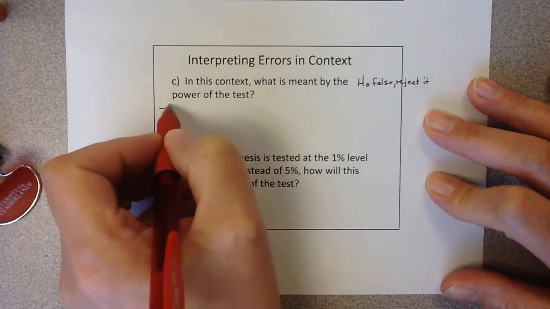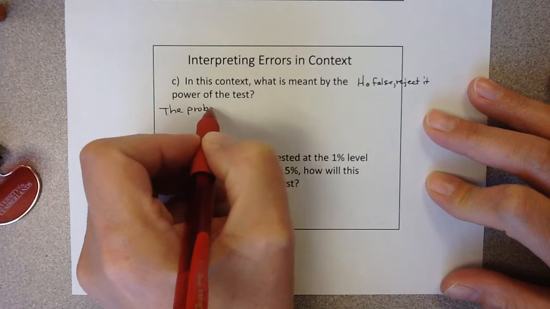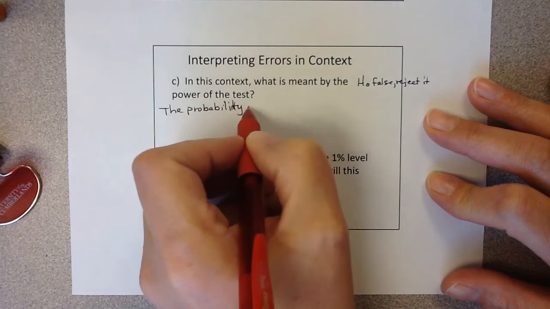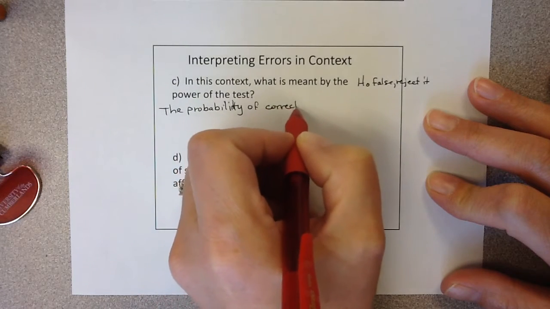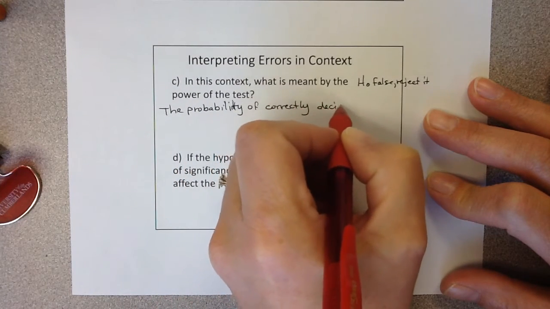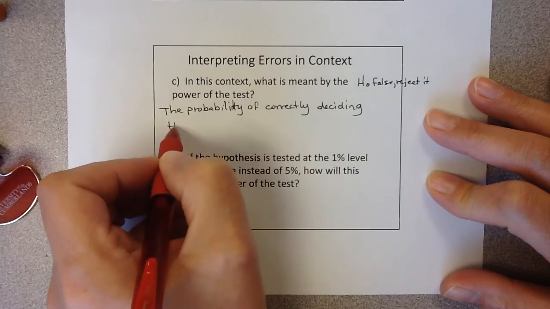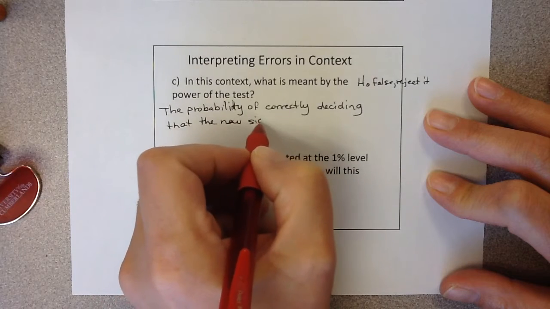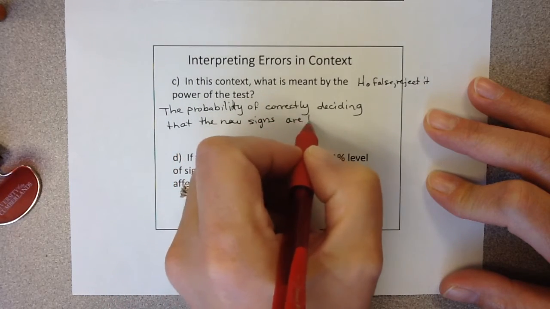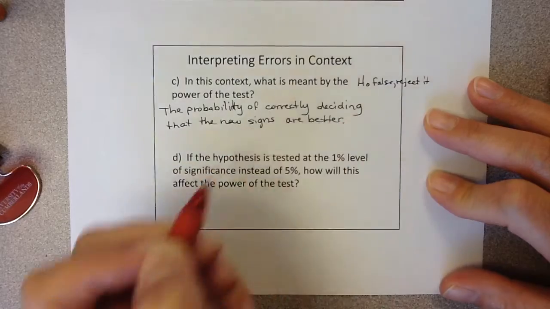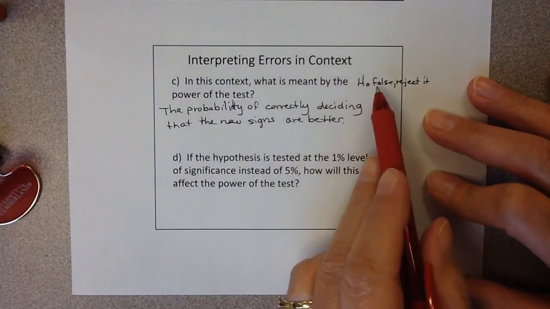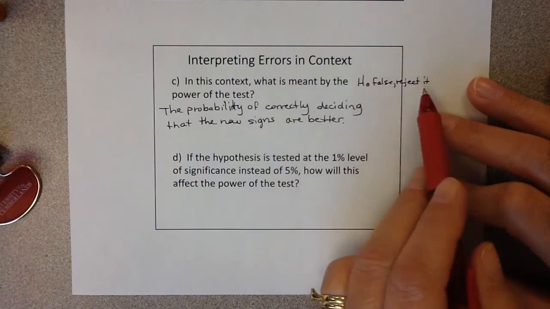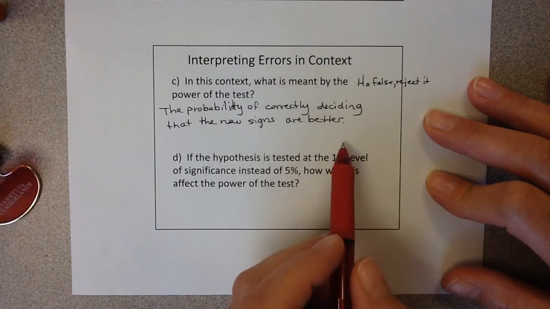So it is the probability, if I can spell, of correctly deciding that the new signs are better. Because if the null is false, the signs aren't the same, the new ones are better, and if we reject the null, then we've correctly identified that they are better.